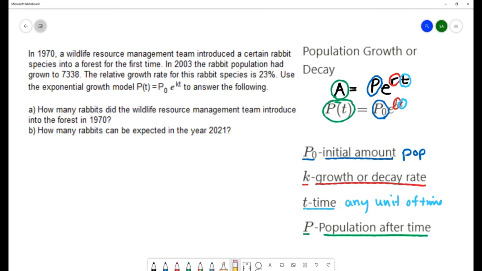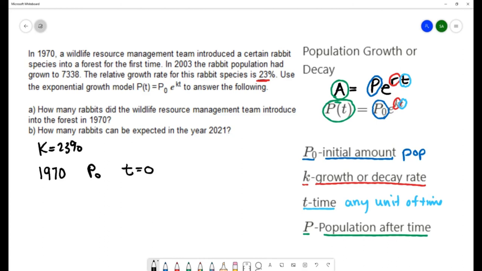So let's write down some known information. We have the growth rate, which will be our value of K. So K will equal 23%. And in 1970, that's when this team introduced the population, and that's going to be our P naught. That also represents a time of 0.